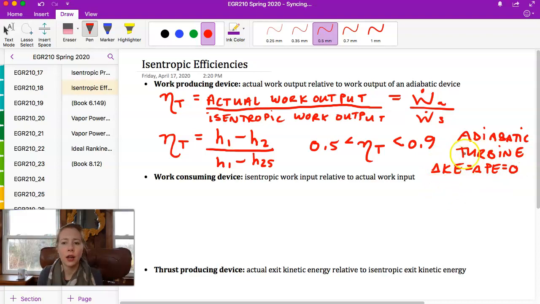We'll look at the condition momentarily where delta KE is not equal to 0. Typically in a jet engine, delta KE will not be equal to 0.